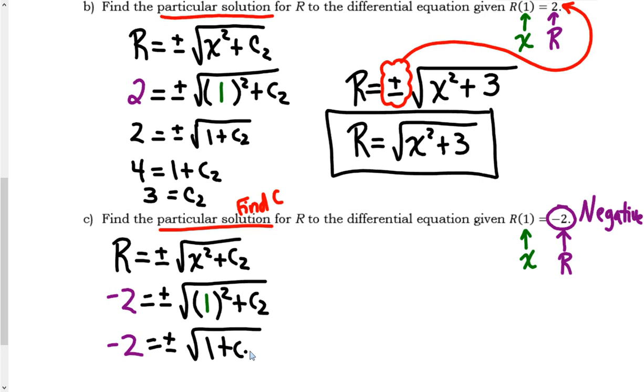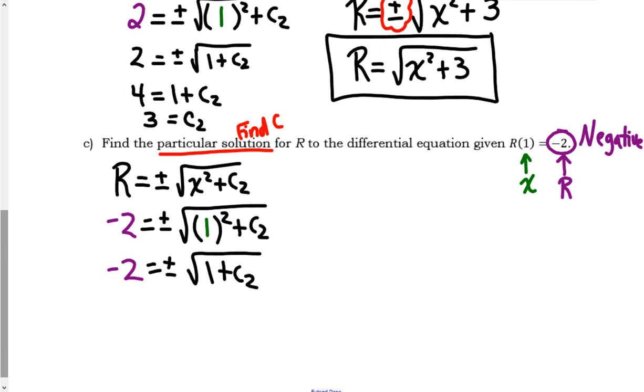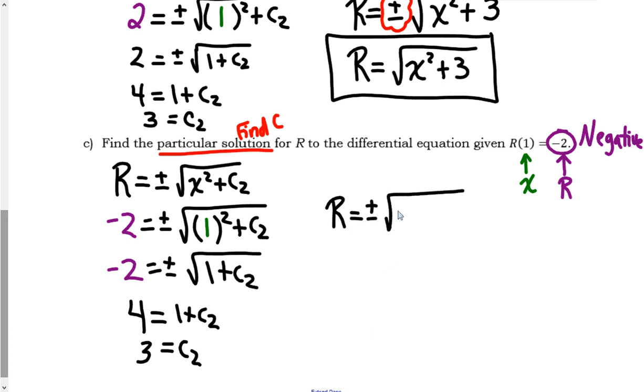And again, I need to square both sides. I square both sides, and 4 is equal to 1 plus C2. And look at that. C2 is the same. It's 3. So now my function R is plus or minus square root of x squared plus 3.